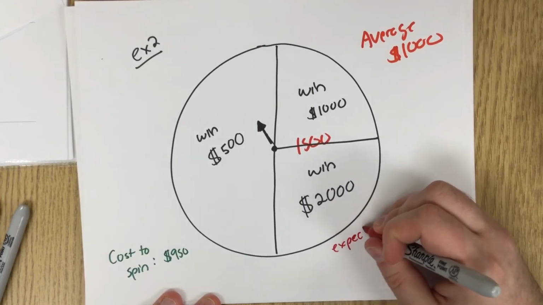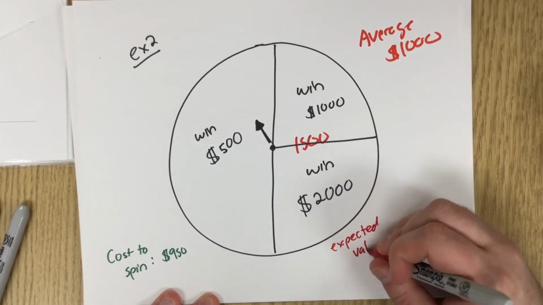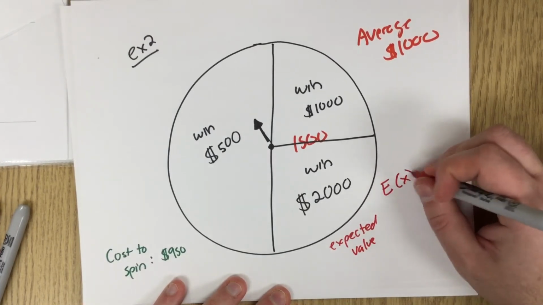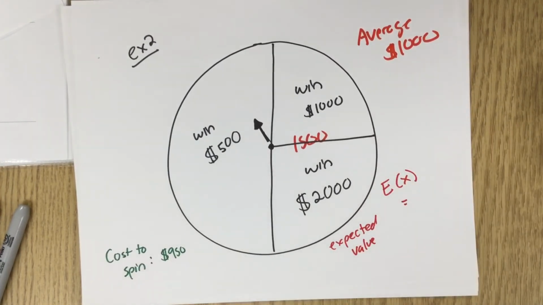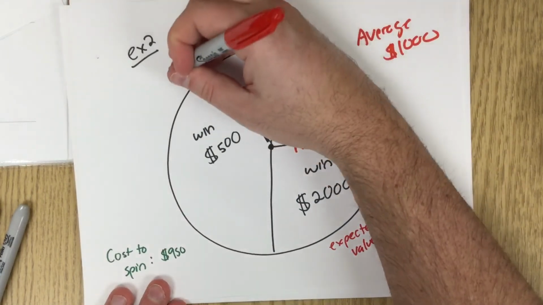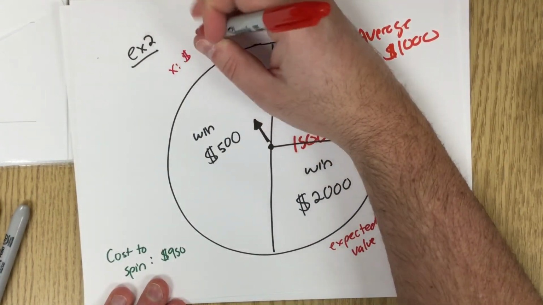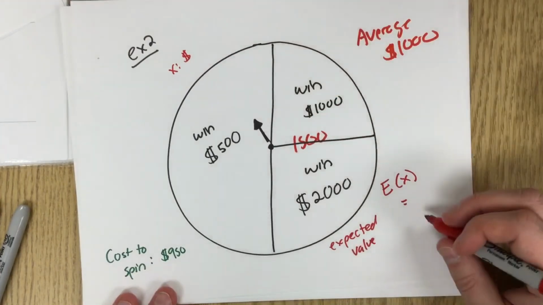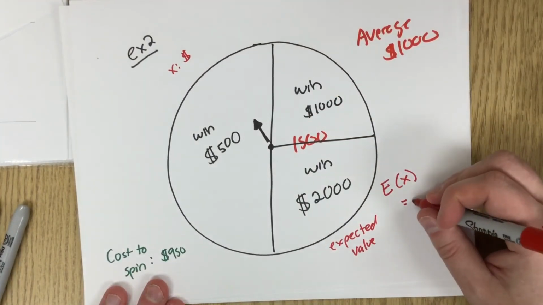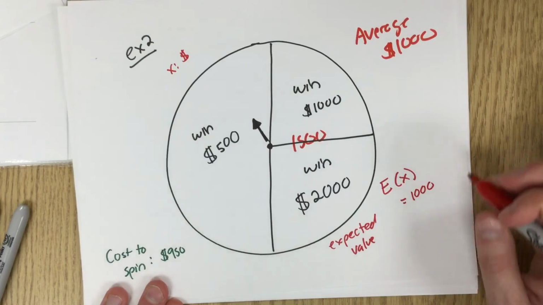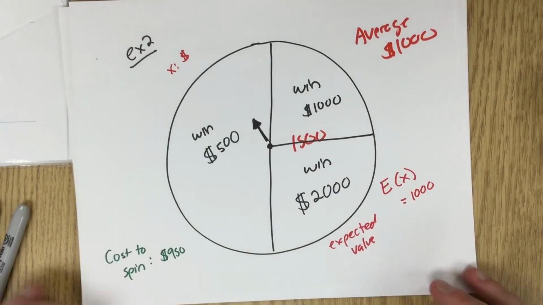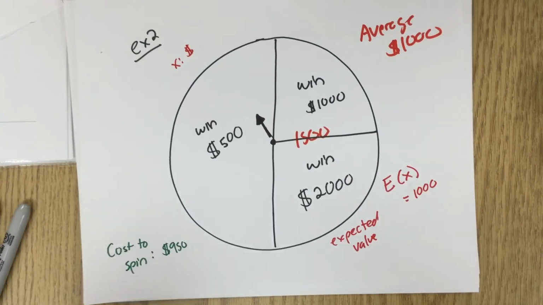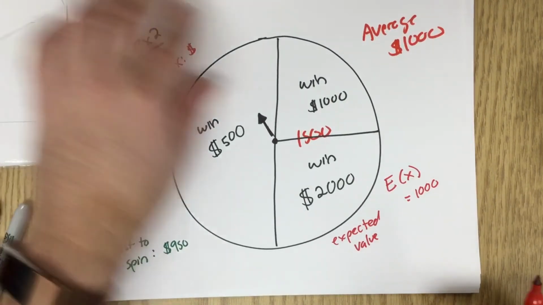I'm going to introduce a symbol for it. We're going to say that E of x is going to be the expected value of x, where I'm going to define x as the dollars that you get. So the expected value of this wheel is $1,000. It costs $950 for an expectation of 1,000. Should you spin it? Yes, you should.